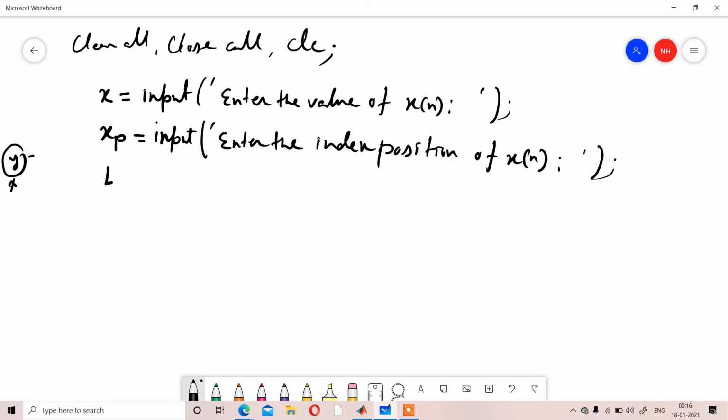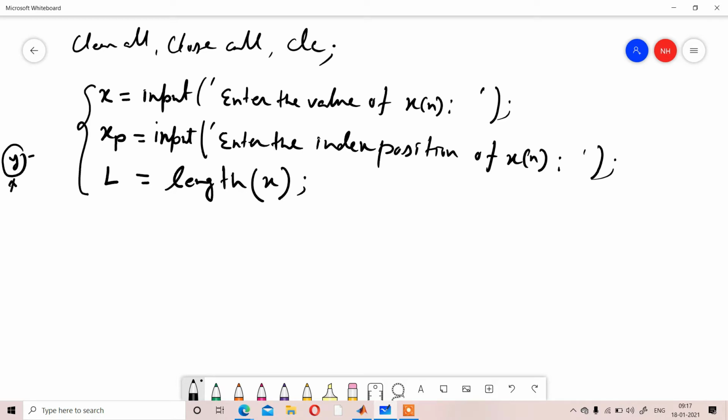Then you need to know the length of x. So simply L equal to length of x. That will give you the length of x. So those are the three parameters you need to consider for x.